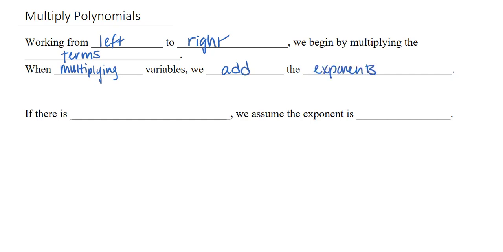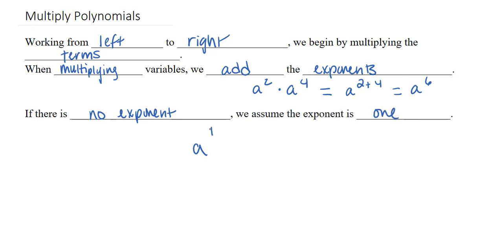This is just like with numbers. So if we have a squared times a to the fourth, that becomes a to the 2 plus 4, which is equal to a to the 6. Now, if there is no exponent and it just shows a, we're going to assume that the exponent is 1. So we can put a 1 there. So let's look at the examples.